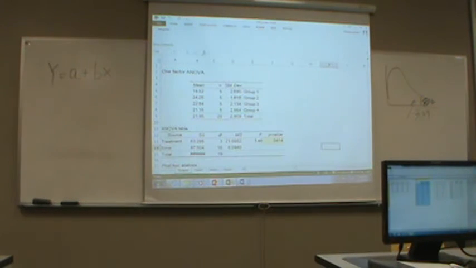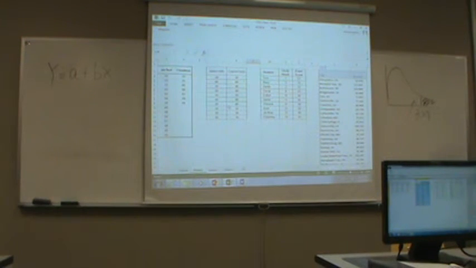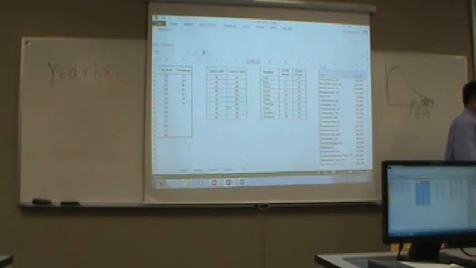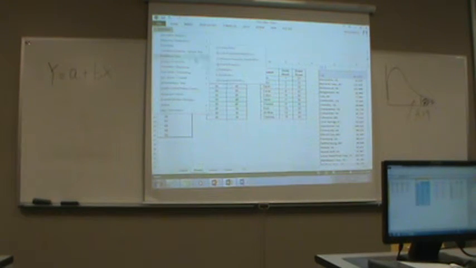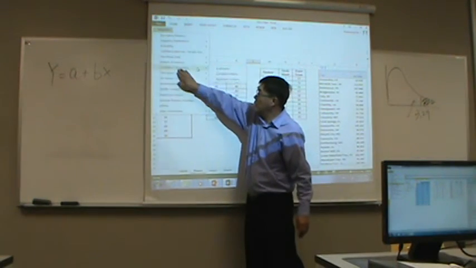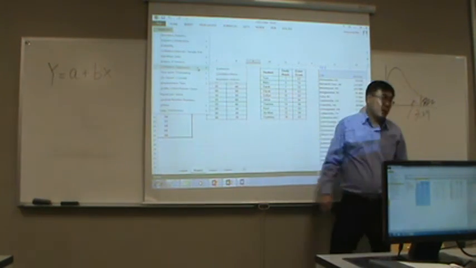Our example here is the sales calls and copiers. In MegaStat, Correlation and Regression, and then Correlation Matrix.